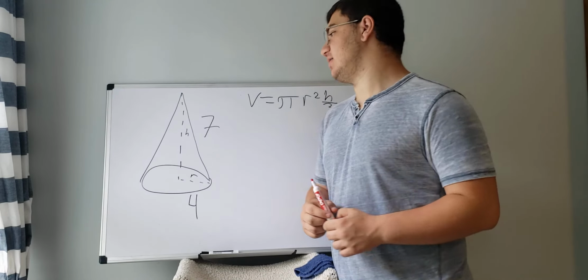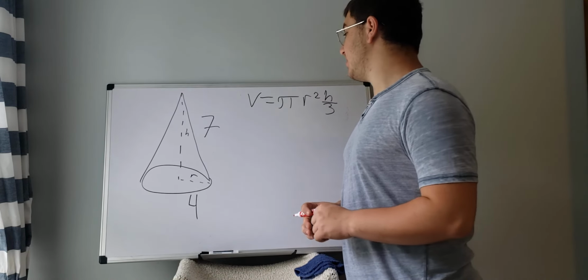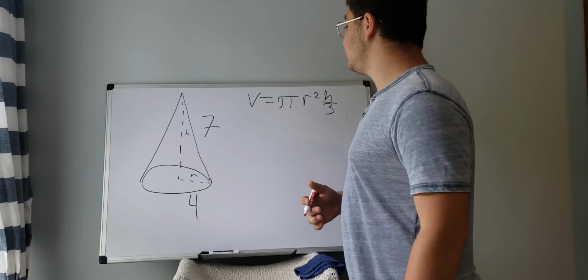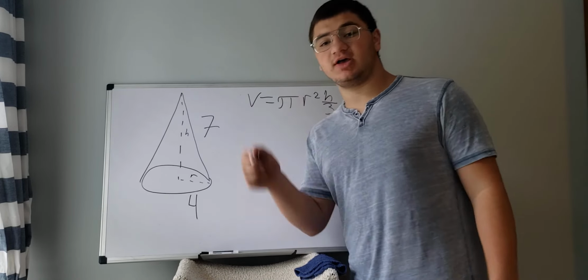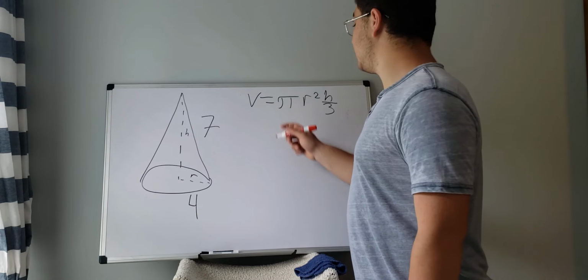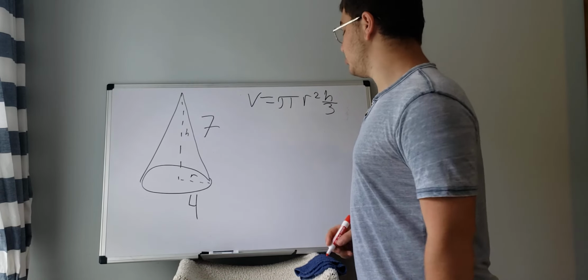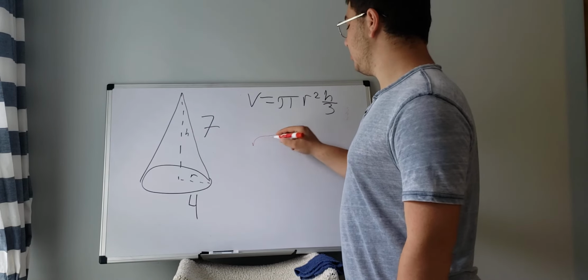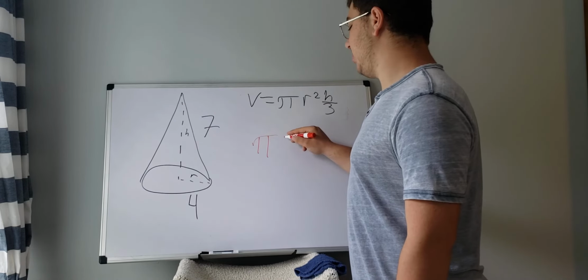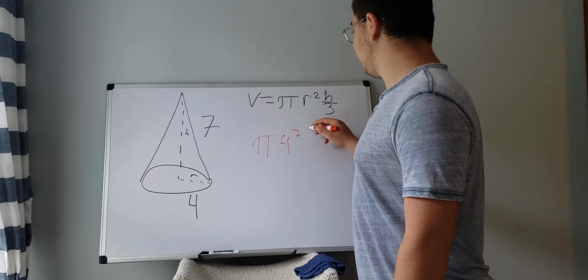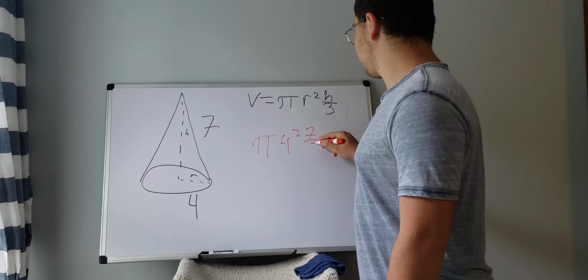Okay guys, we're back, and now we're going to do our last example for the day. Like we did in the previous two examples, we're going to plug our numbers into this formula and get our exact answer. So we have 7 as our height and 4 as our radius, and we plug them in. So we have pi multiplied by 4 squared, and then that multiplied by 7/3.